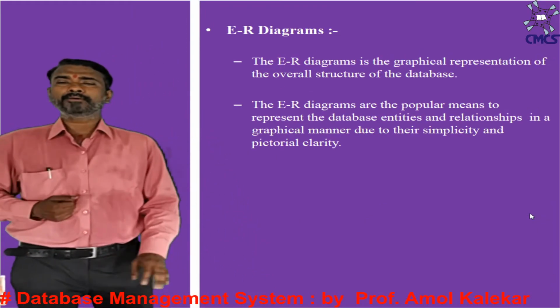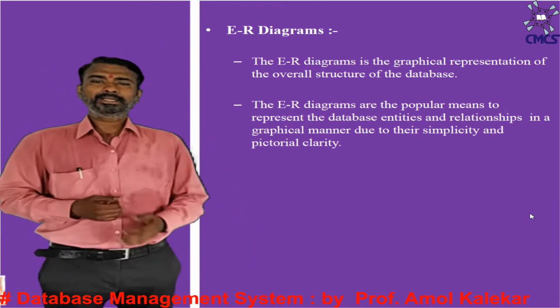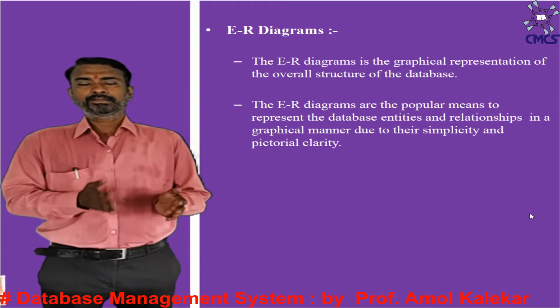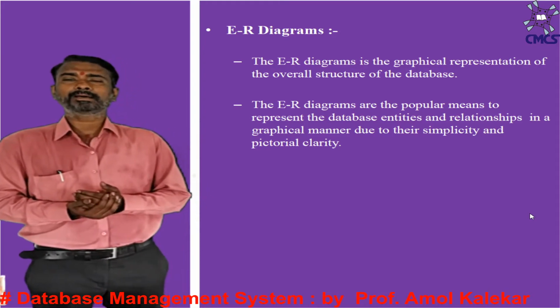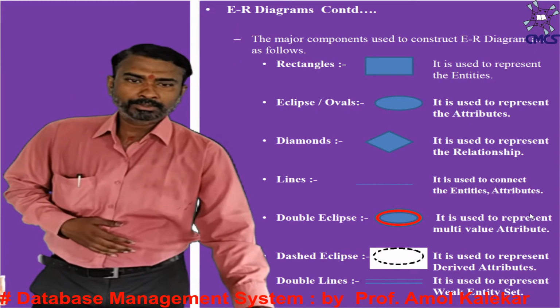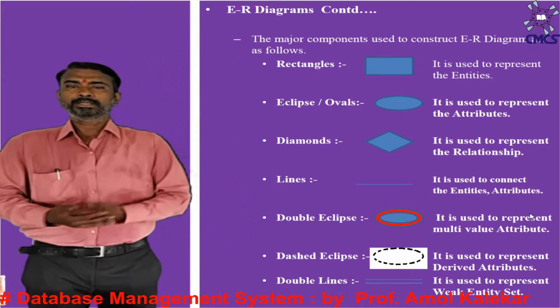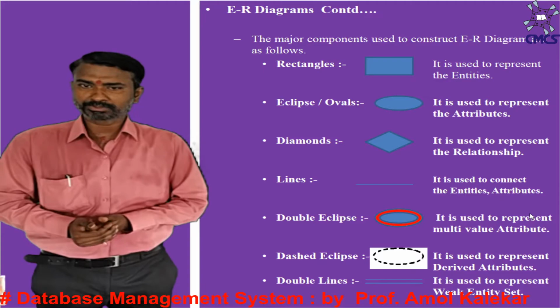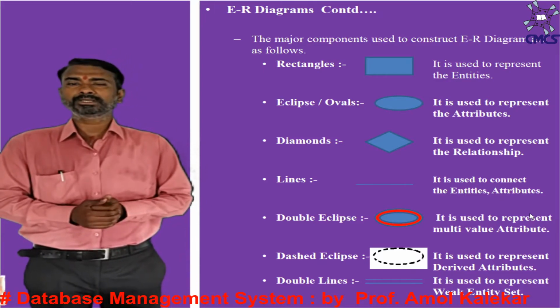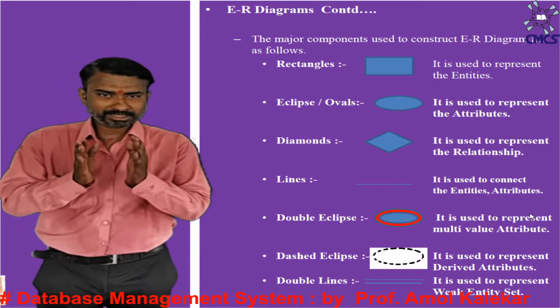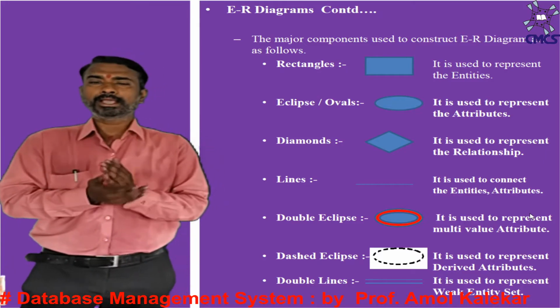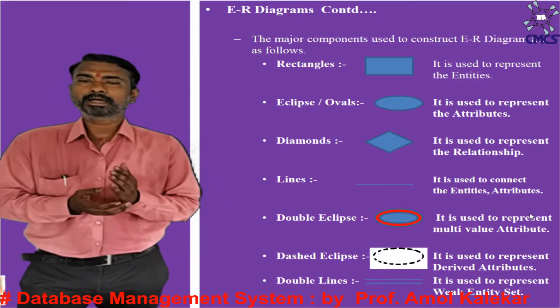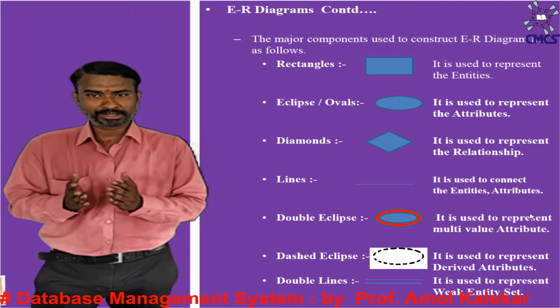Then after we are having this ER diagram, generally we are just seeing the basics of this ER diagram. Now you can see these are the variety of constructs that are used in order to represent the various things in the ER diagram. Rectangles are used to represent the entities.